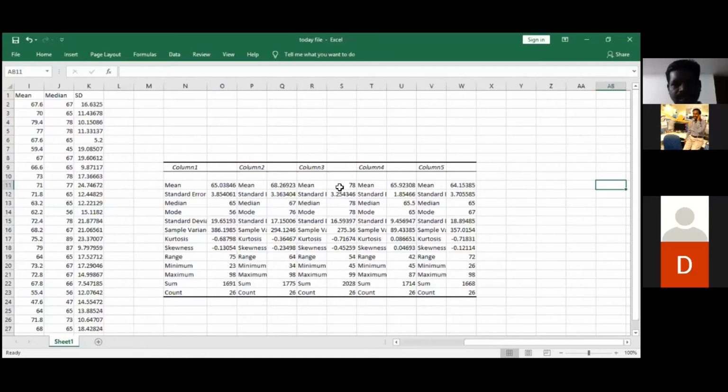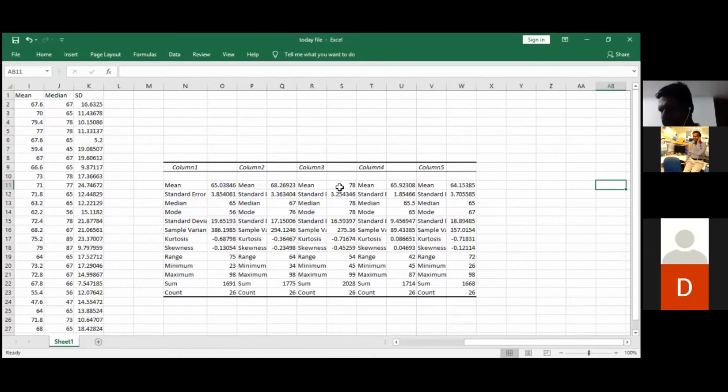The second is social science at 68, then third is English at 65.9. These are the things we have to write in the interpretation.